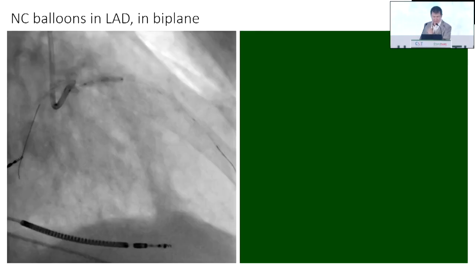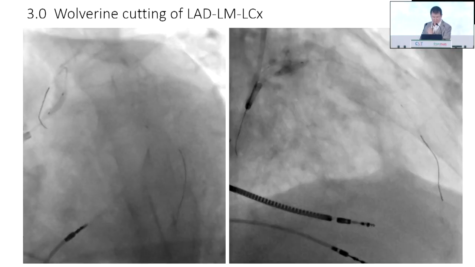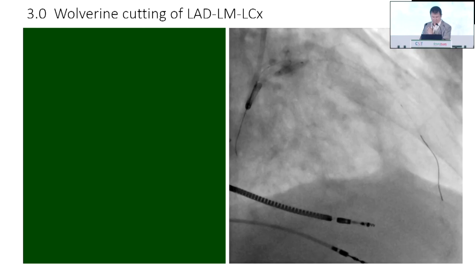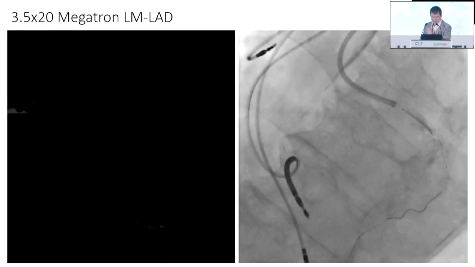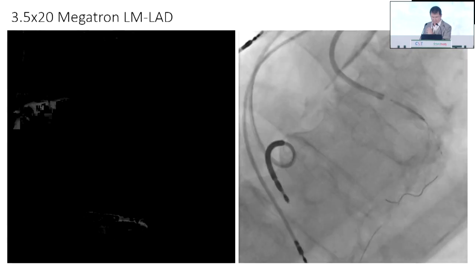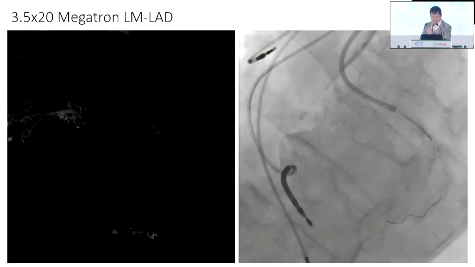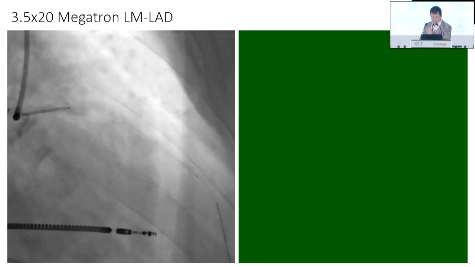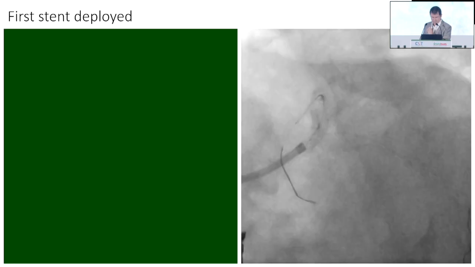Then I did NC balloons in LAD, then Wolverine both axis, left main to LAD, left main to circumflex at 3.0 high pressure. Then deployed Megatron left main to LAD. Often nowadays I do DKT, Stefan Rindfranz approach.